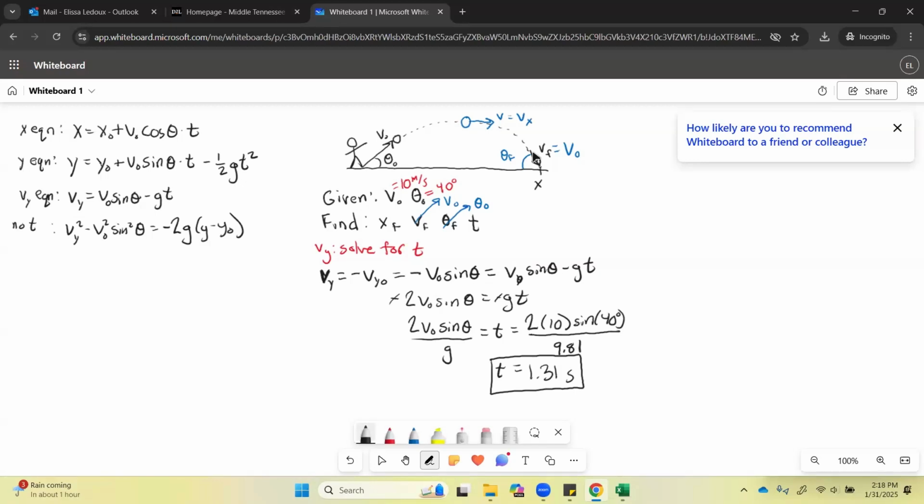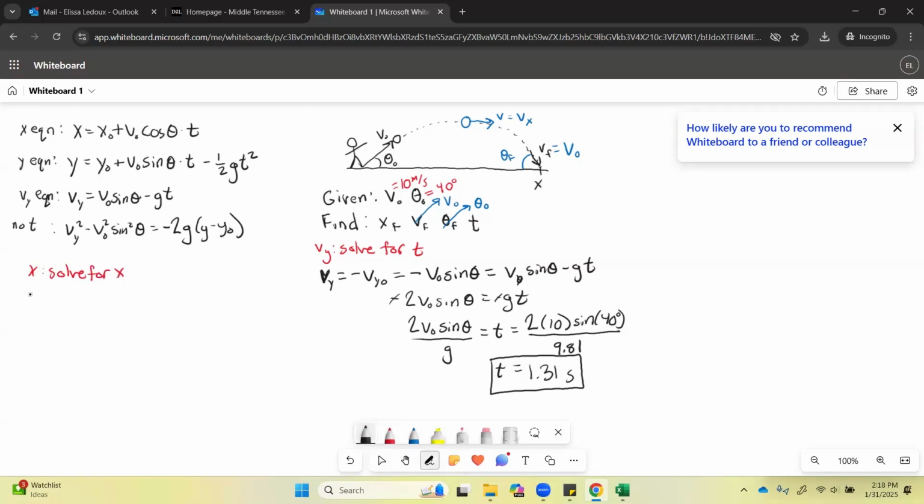Okay, so then the second thing we have to solve for is final x position. So that one is going to be pretty straightforward because we actually have an equation just for x. So we'll go ahead and plug the numbers in there. So the second one, solve for x.